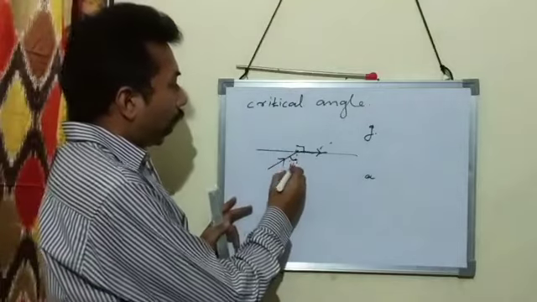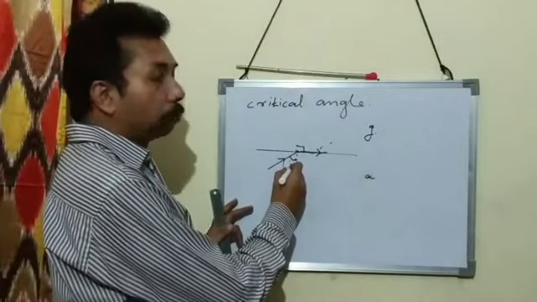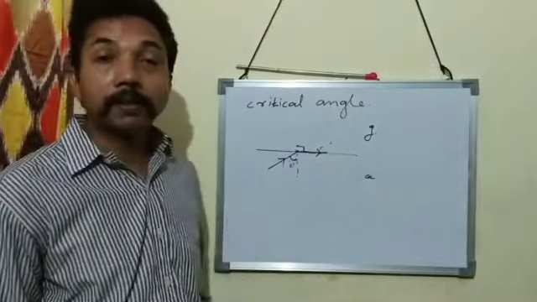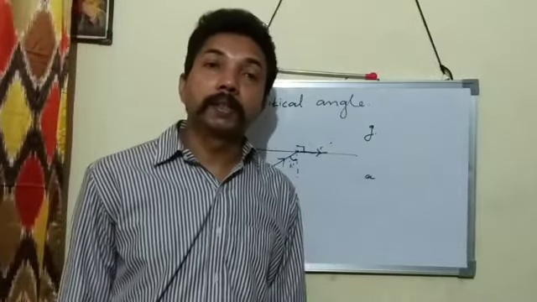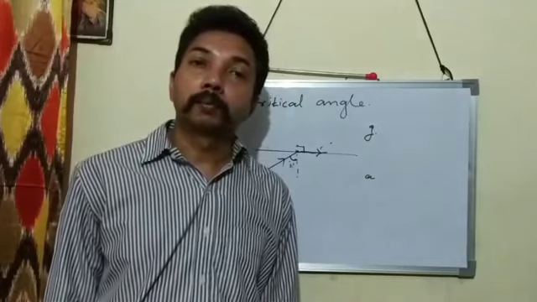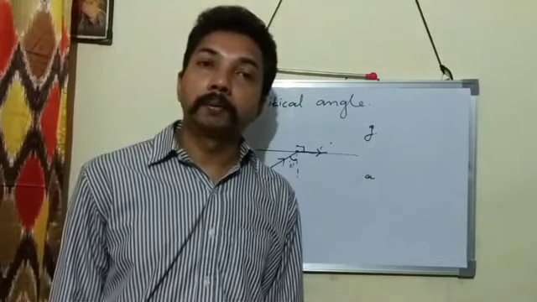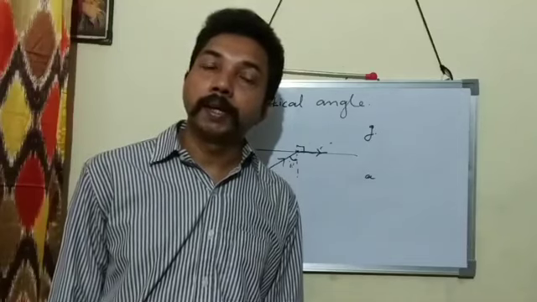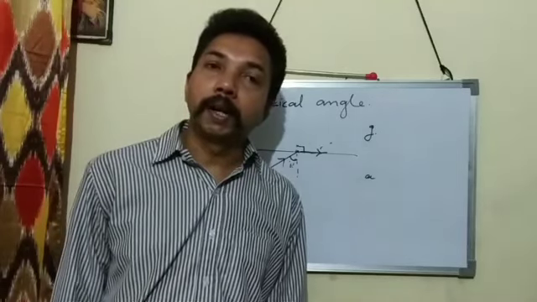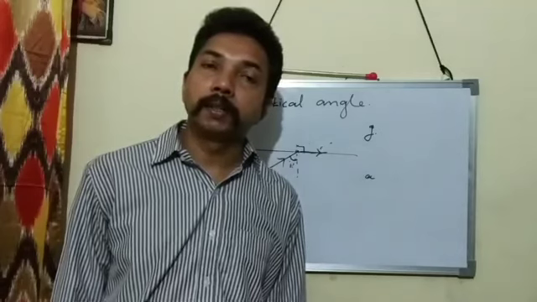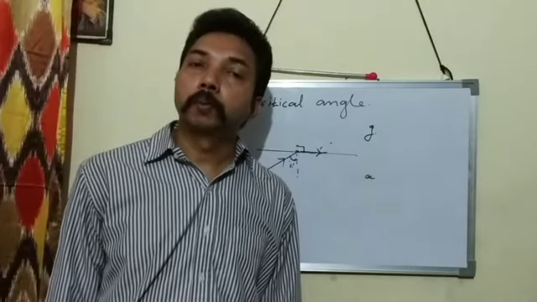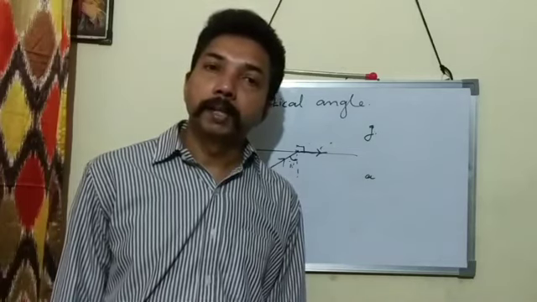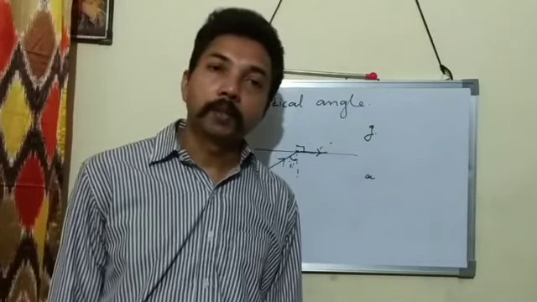Then this angle of incidence in the denser medium is called the critical angle. So the critical angle is the angle of incidence in the denser medium corresponding to which the angle of refraction in the rarer medium is 90 degrees. Once again I repeat, the critical angle is the angle of incidence in the denser medium corresponding to which the angle of refraction in the rarer medium is 90 degrees.